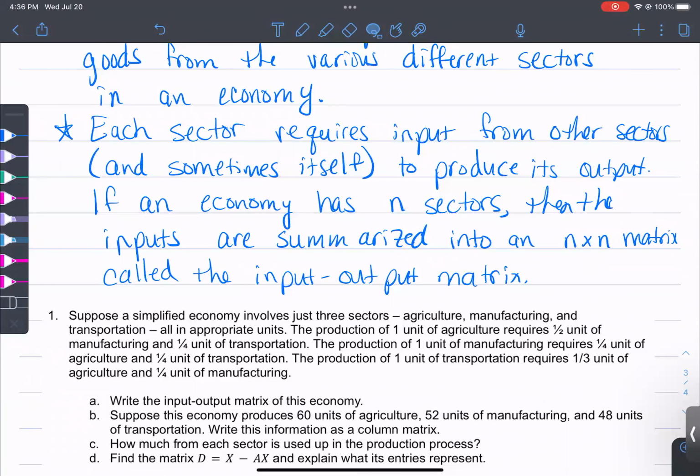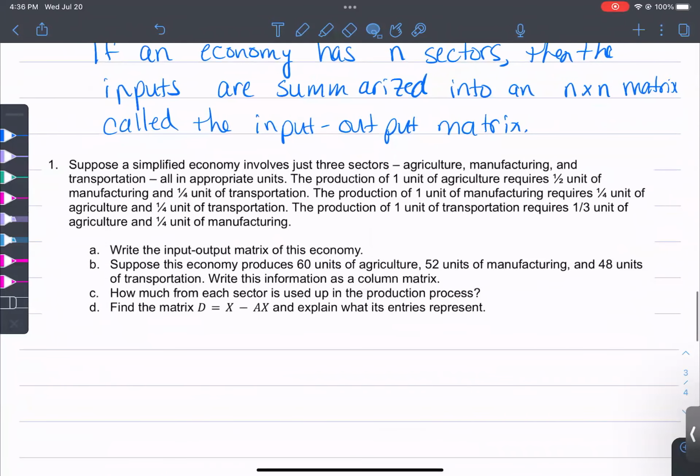So when we work our application problems, we're actually going to be creating the input-output matrix from the given scenario.